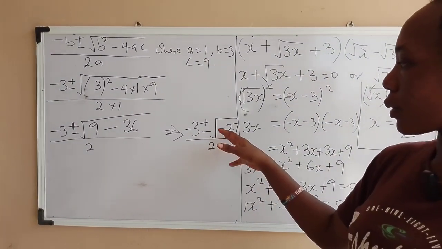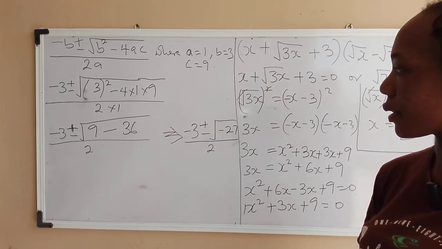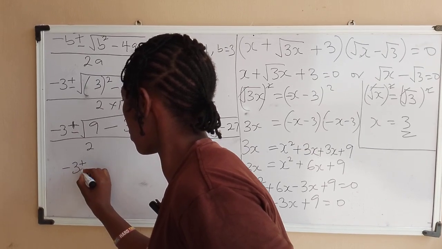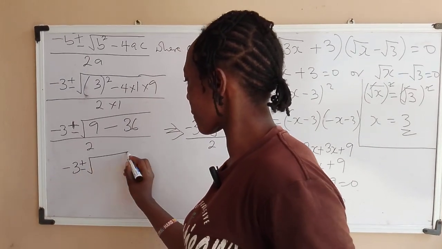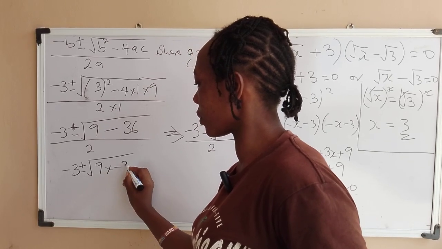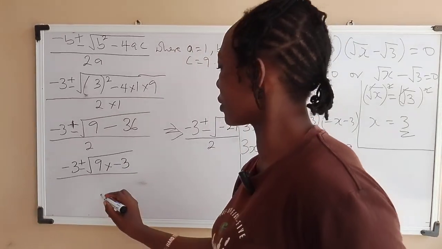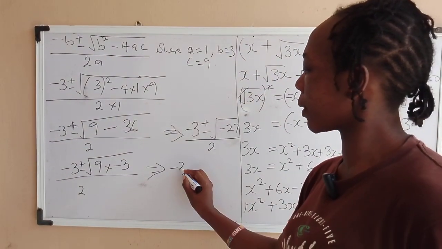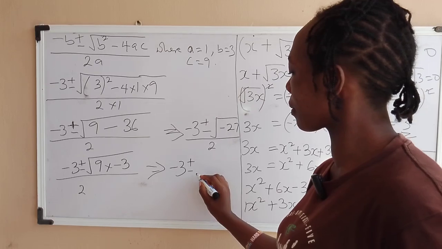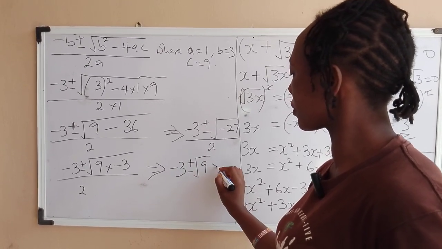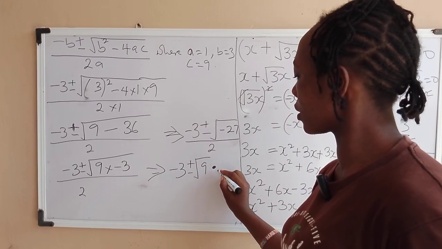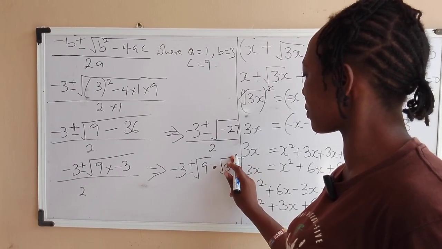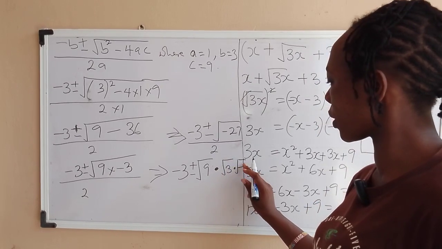Okay, so we're going to also apply surds here. So this will give us minus 3 plus or minus the square root of 9 times minus 3, all over 2. Minus 3 plus or minus the square root of 9. Let me use dots: the square root of 3 dot the square root of minus 1.